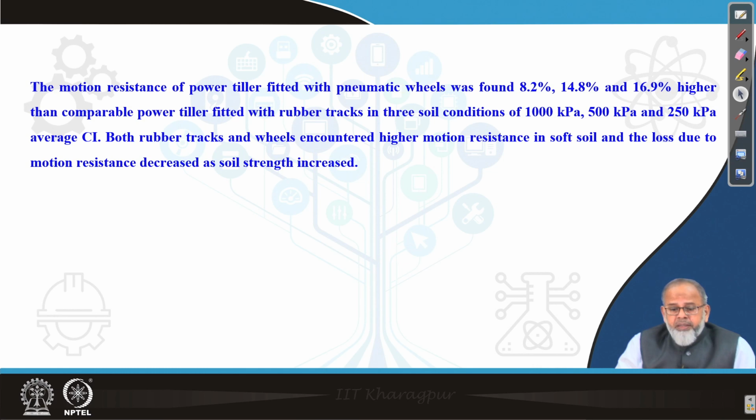So in 3 soil conditions, for example, 1000 kilopascal, 500 kilopascal and 250 kilopascal average cone index value, both rubber tracks and wheels encountered higher motion resistance in soft soil, and the loss due to motion resistance decreases as the soil strength is increased.